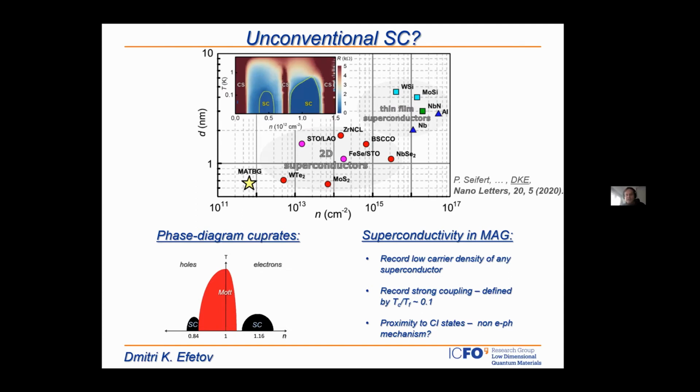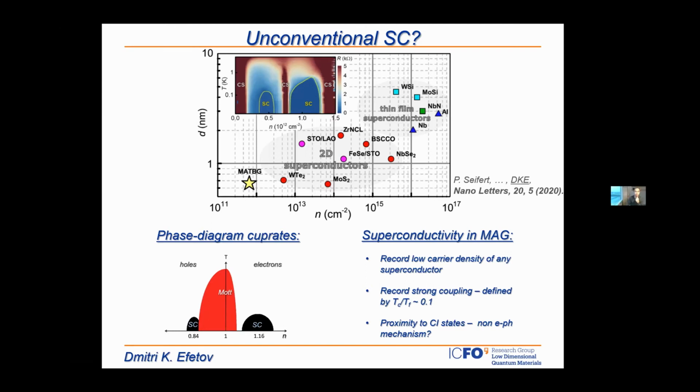Typically for all BCS superconductors, if you compare TC versus TF, it's relatively low. It's much lower, for example, than in the cuprates. And usually this type of plot was used to distinguish unconventional superconductors with strong coupling from conventional ones.